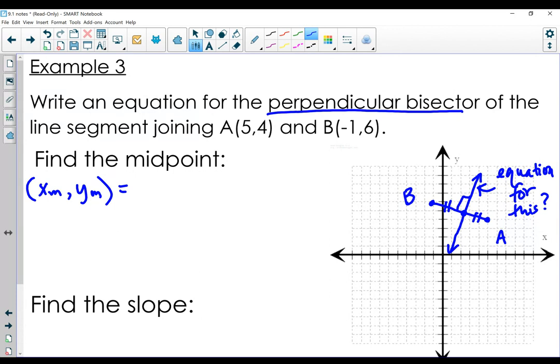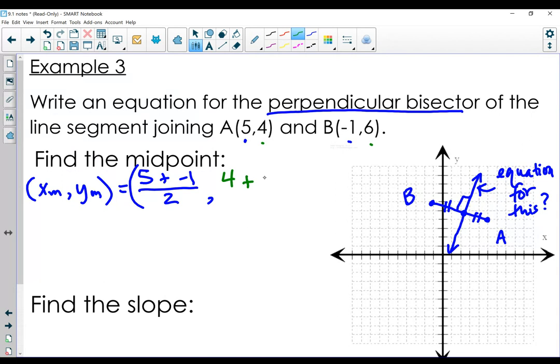So I have to take my x's and add them together. So 5 and -1 are my x's. And distance formula has a minus sign, but remember now we're averaging, so we're adding them together. So 5 plus -1 divided by 2. And this is an ordered pair, so I'm using parentheses. And then I'm going to take my y values, my 4 and my 6. And again, I'm trying to find the average.